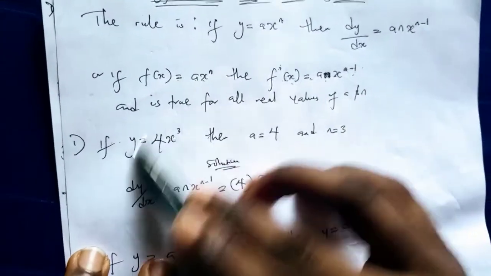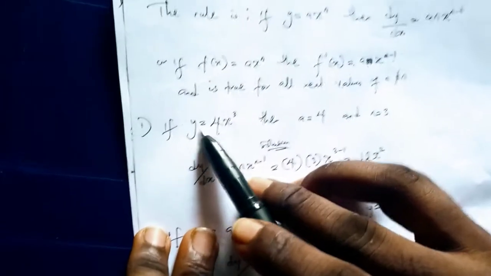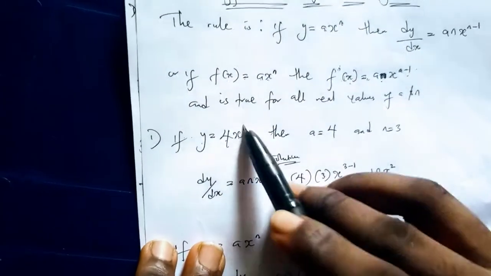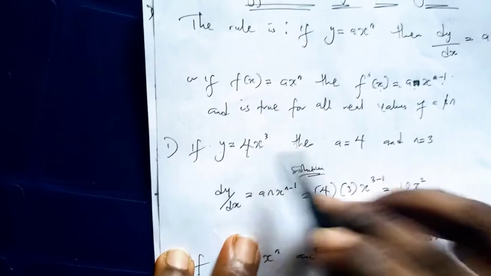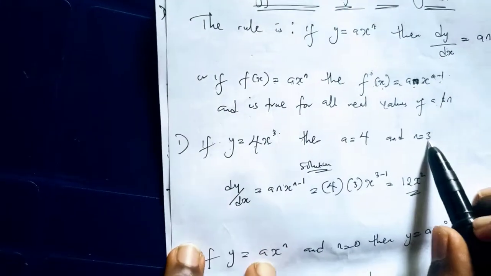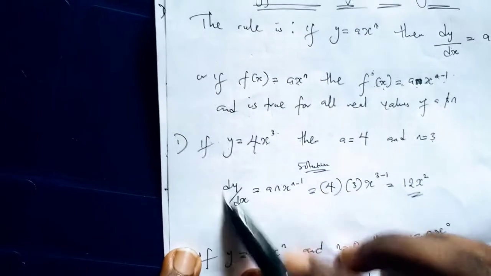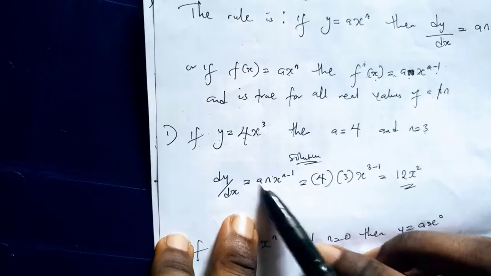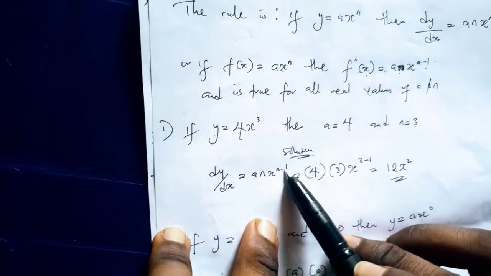And we can see from the example here, we are given this function y equal to 4x cubed, where our a is 4 and this 3 here is our n. Like I've said, the derivative is equal to a times n times x to the n minus 1.